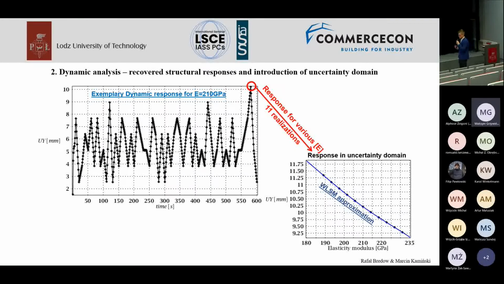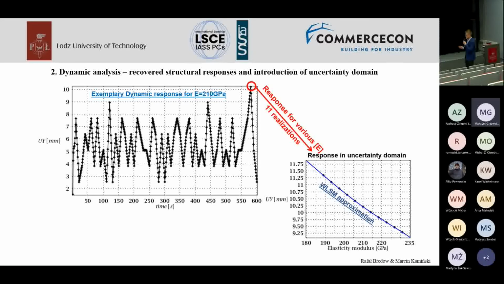Four different uncertainty sources have been taken upon in this work, of both environmental and mechanical nature, like the thickness of snow cover on the roof, the wind velocity itself, also the thickness of webs and flanges, or in general of cross sections of those finite elements, and also the elastic moduli.